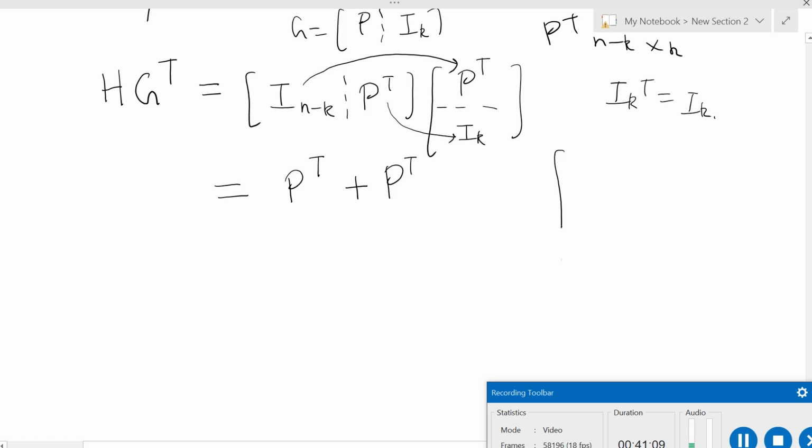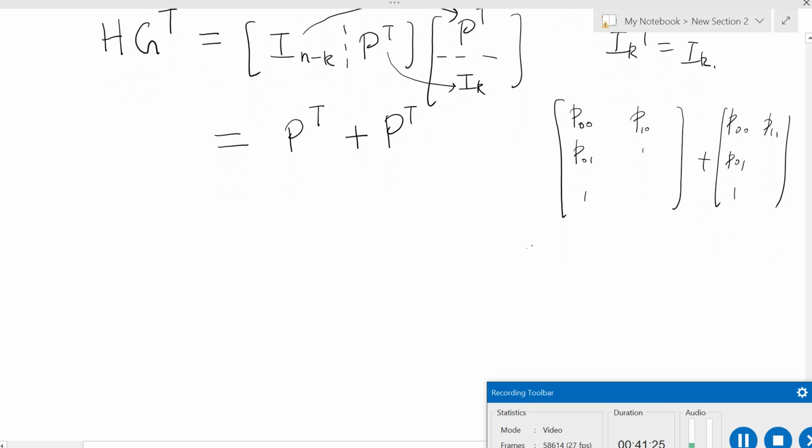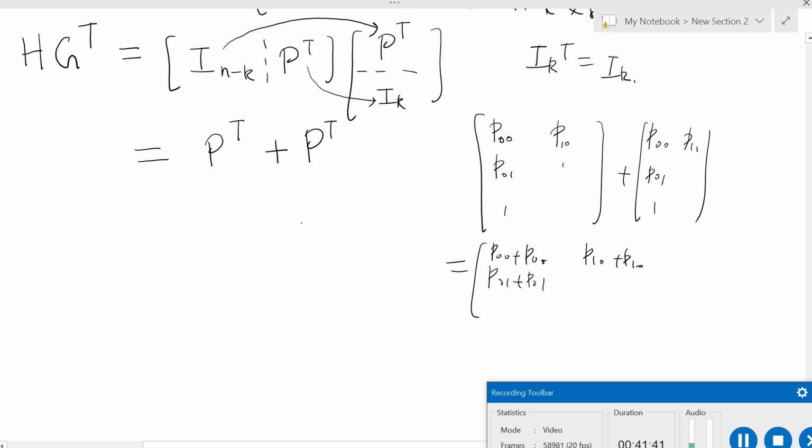Suppose this is P00, P01, and so on, and P10, and so on. Adding the matrix with itself, you get P00 plus P00, P10 plus P10, P01 plus P01. You are adding the same bits. Suppose P naught is a bit.